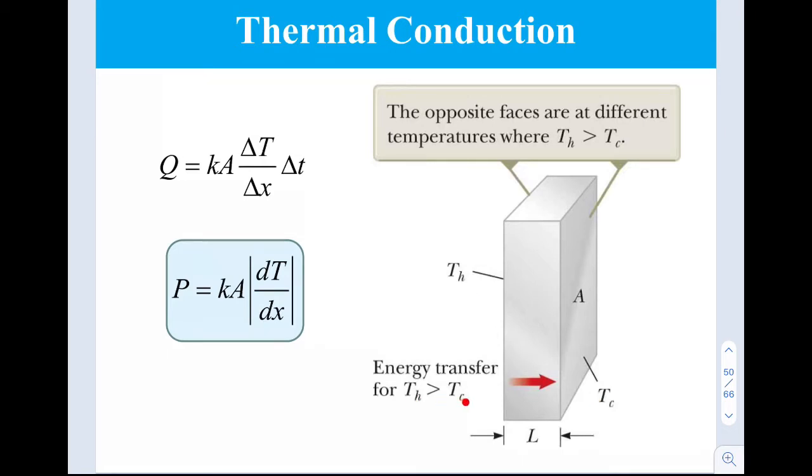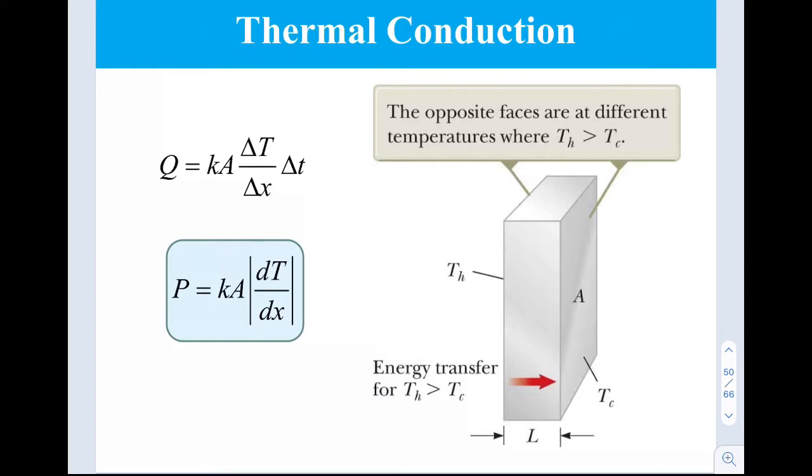T hot is bigger than T cold, so there is a temperature gradient, a thermal gradient. So the heat, the energy, can be transferred from the hot surface to the cold surface, passing through L, the thickness of the material, where the material has a cross section of A.